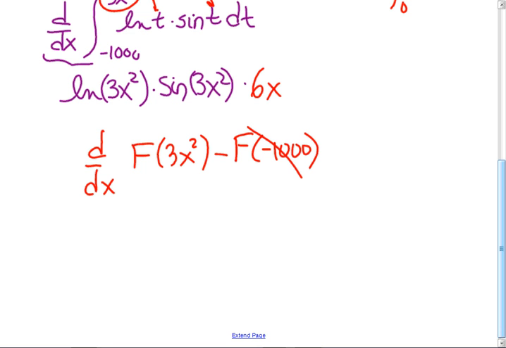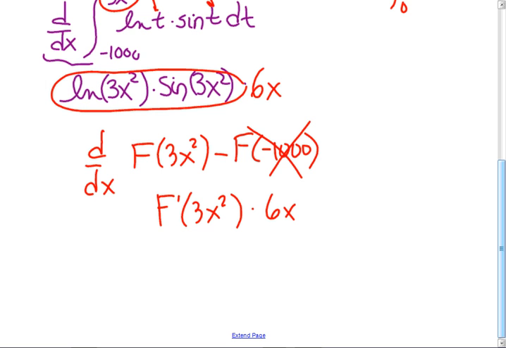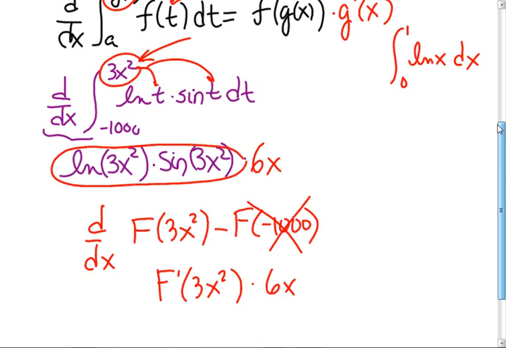This is going to go away, and then it's f prime of 3x squared times 6x. This is the second fundamental theorem of calculus.